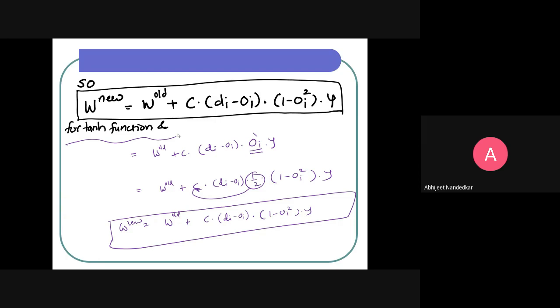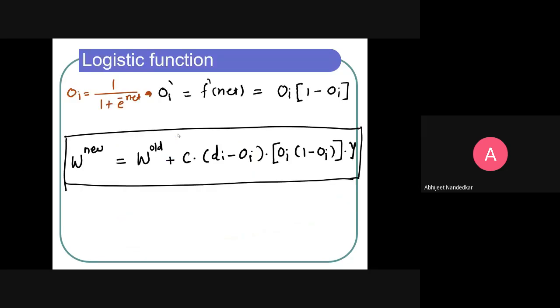Okay, so there will be a small change if I go for the logistic function. The logistic function ranges from 0 to 1. It is an S shape, and it is given by 1 upon 1 plus e to the power minus net. So f dash of that, or the derivative with respect to net, is OI into 1 minus OI.